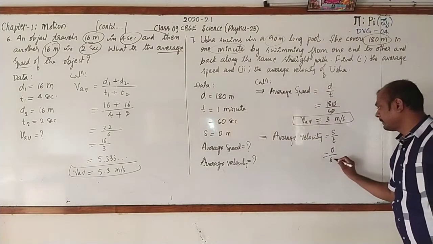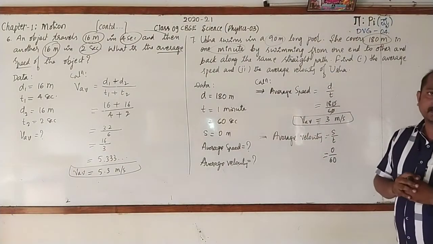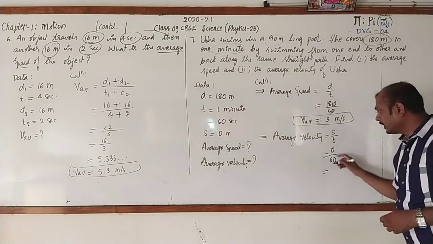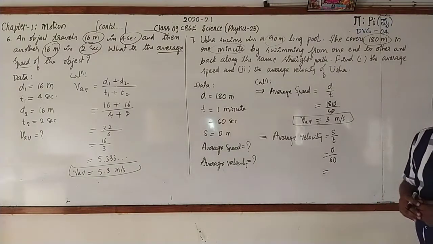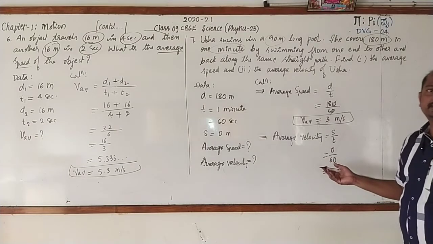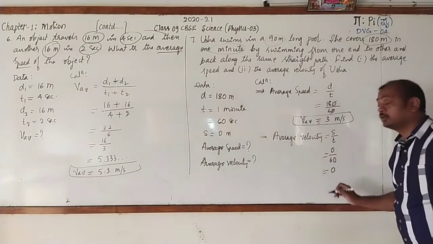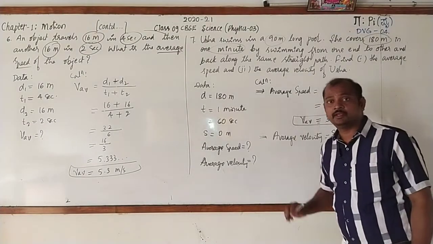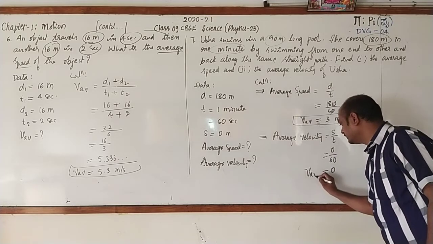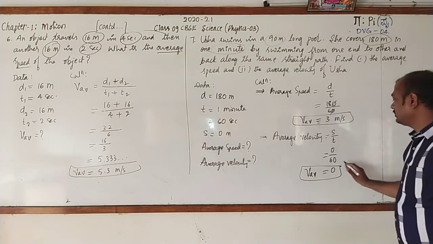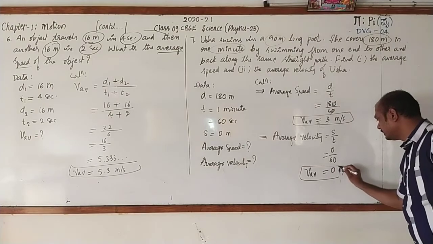It is 60 seconds. Then do you cancel 0 and 0? It's impossible. Don't do so. What is 0 by anything? It is 0. Hence average velocity will be 0. Here I'll write V_av equal to 0 meter per second.